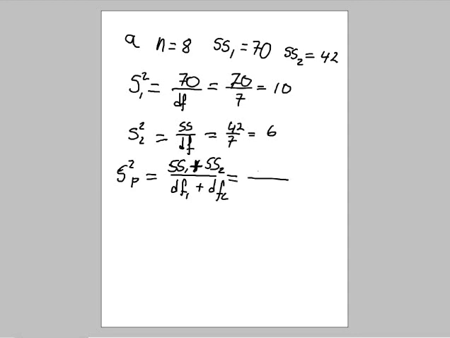That equals 70 plus 42, over 7 plus 7. That equals 112 divided by 14, and that equals 8. And we'll notice that 8 is halfway between 10 and 6, just as we would predict.